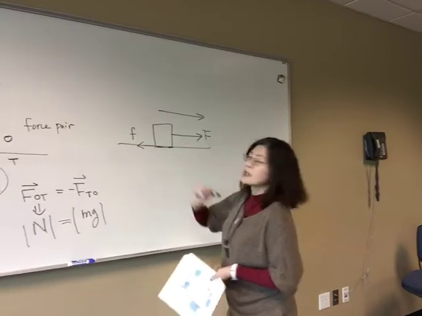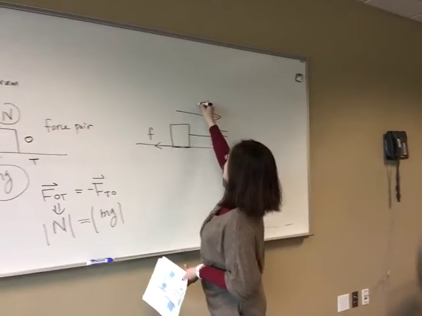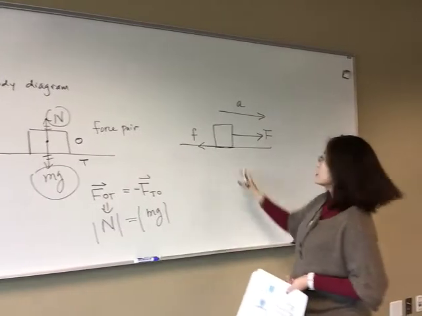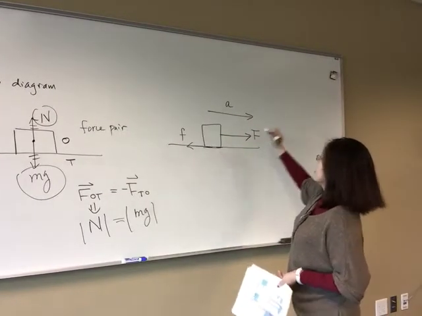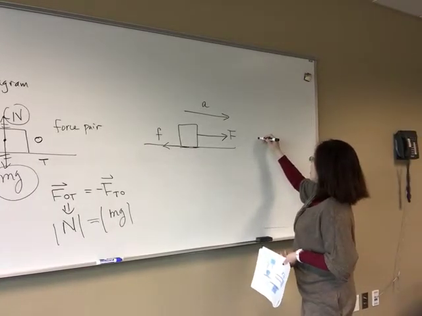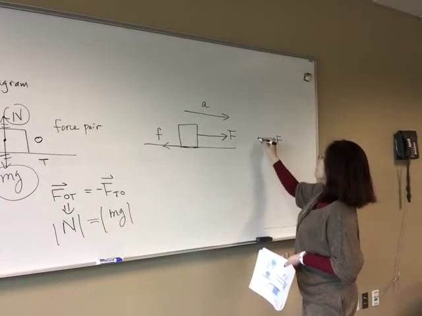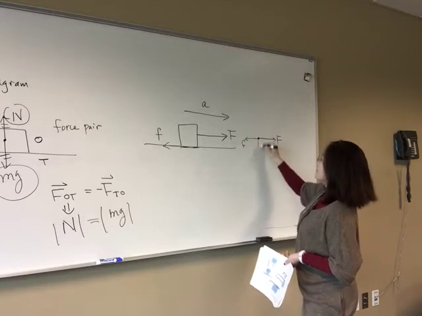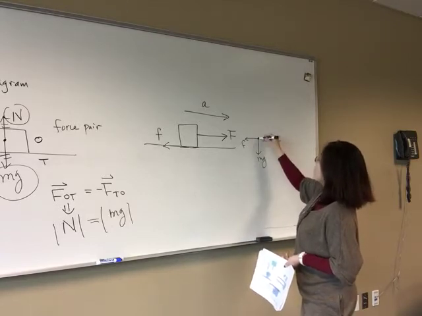Then you can use Newton's second law, saying it is moving with acceleration a. So you can find out how many forces act on this object. That's your free body diagram. You have the external force, the frictional force, gravity mg, and the normal force.